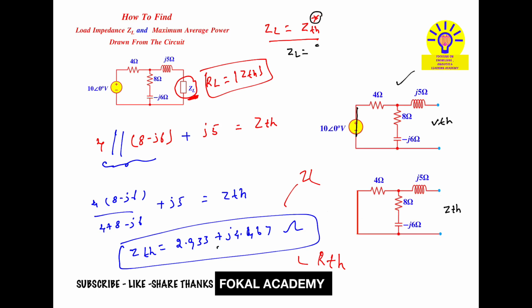It becomes 2.933 minus j0.467. This is ZL. So this much impedance is needed to withdraw maximum average power. In that, this is the real part and this is the imaginary part. The real part is called RTH, so RTH is equal to the real part, 2.933 ohms.